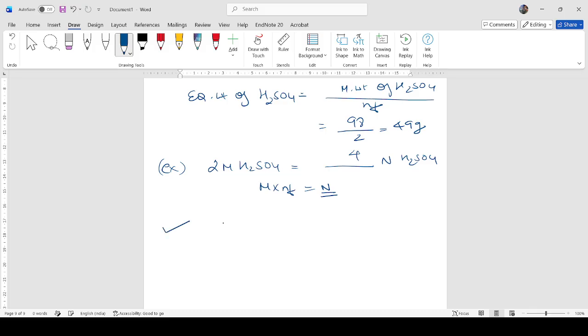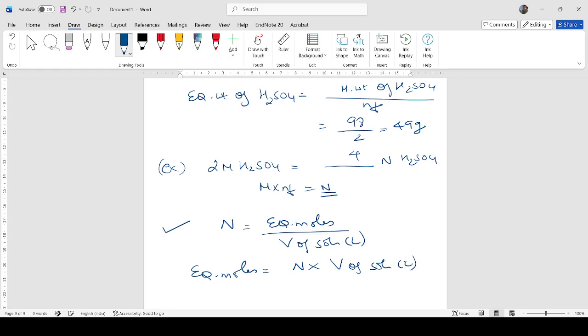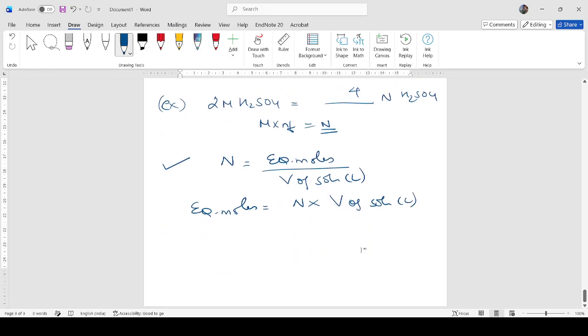I just said normality is equal to equivalent moles divided by volume of solution in liters, right? So what are equivalent moles? Can I calculate it as normality multiplied by volume of solution in liters? Right.